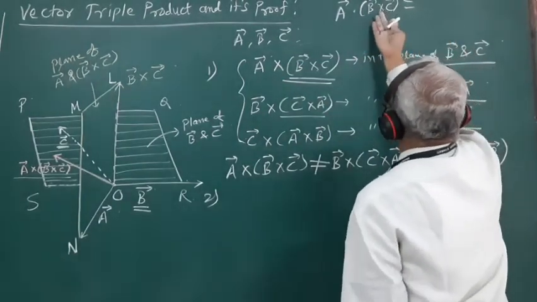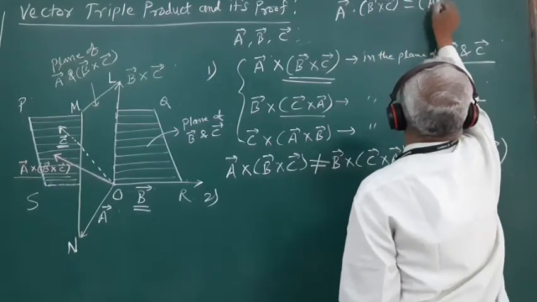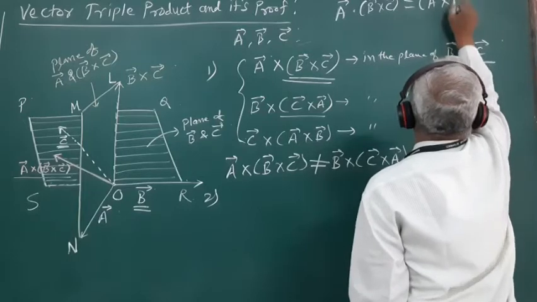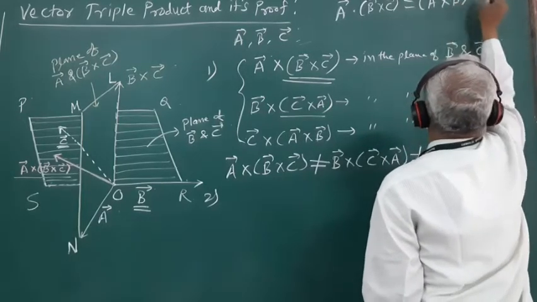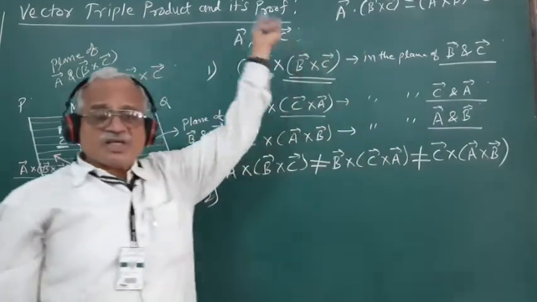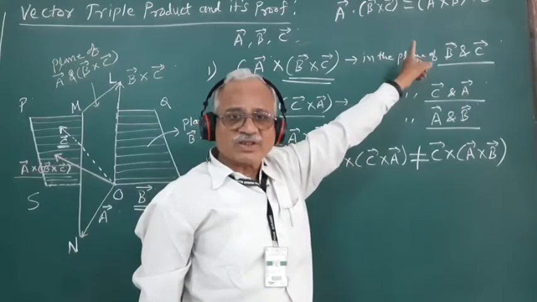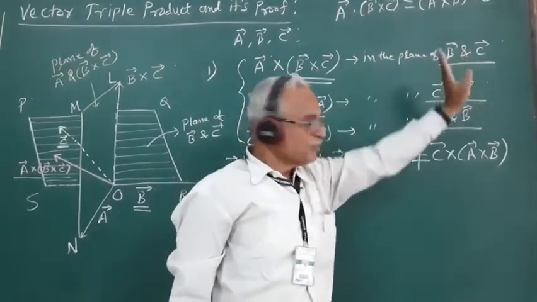So, if we interchange the positions of dot and cross here, we can express this product as A bar cross B bar dot C bar. So, by interchanging the positions of dot and cross, the scalar triple product remains unchanged.